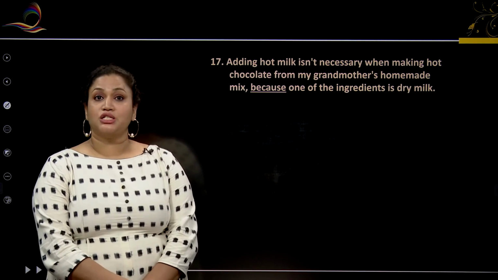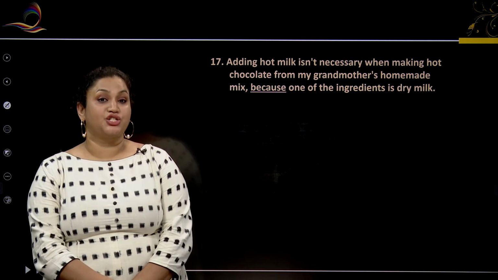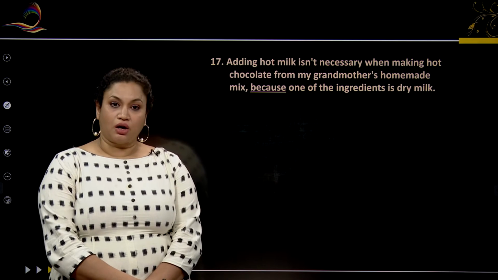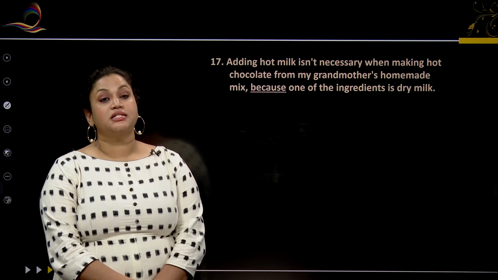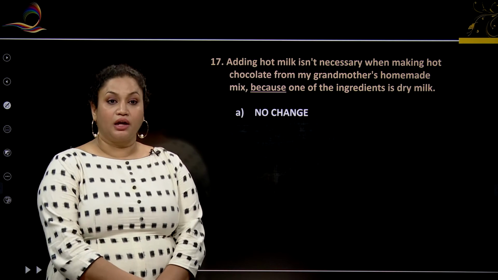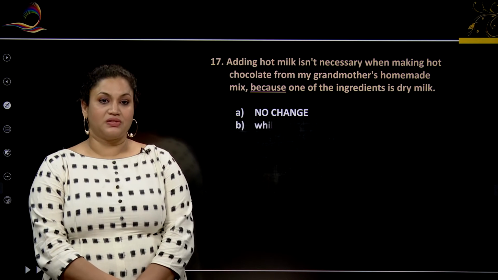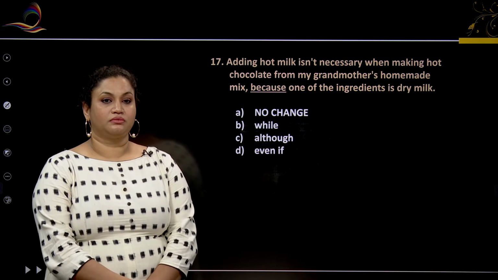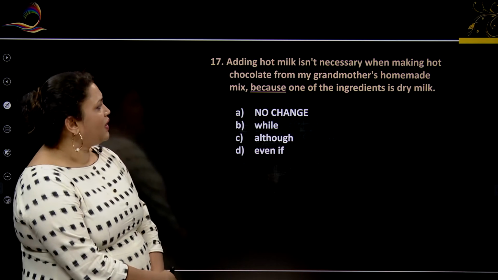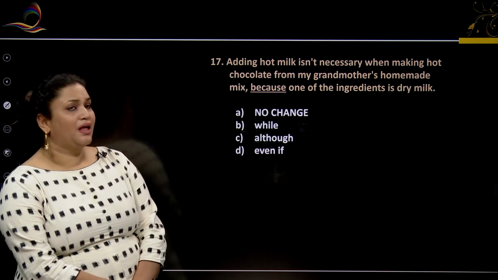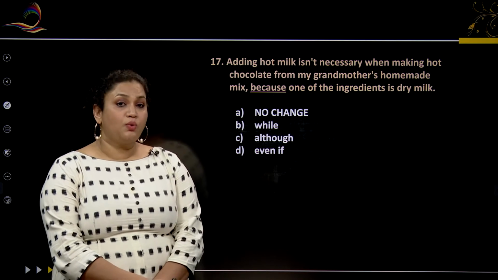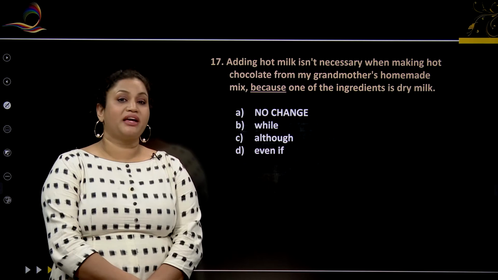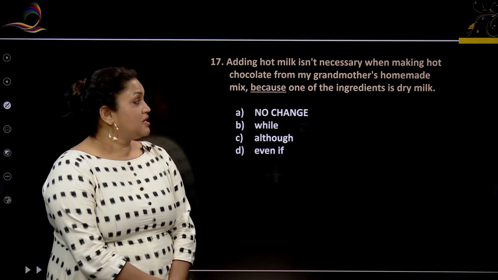Adding hot milk is not necessary when making hot chocolate from my grandmother's homemade mix because one of the ingredients is dry milk. Let's check if we have the options here. Now here, adding hot milk is not necessary when making hot chocolate from my grandmother's homemade mix.